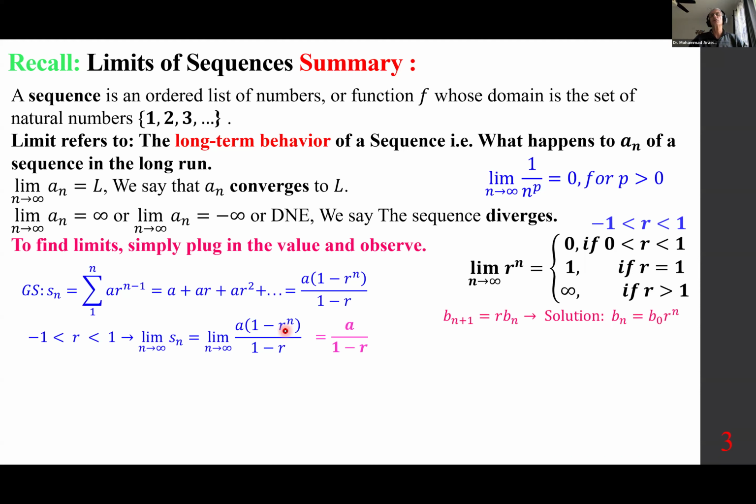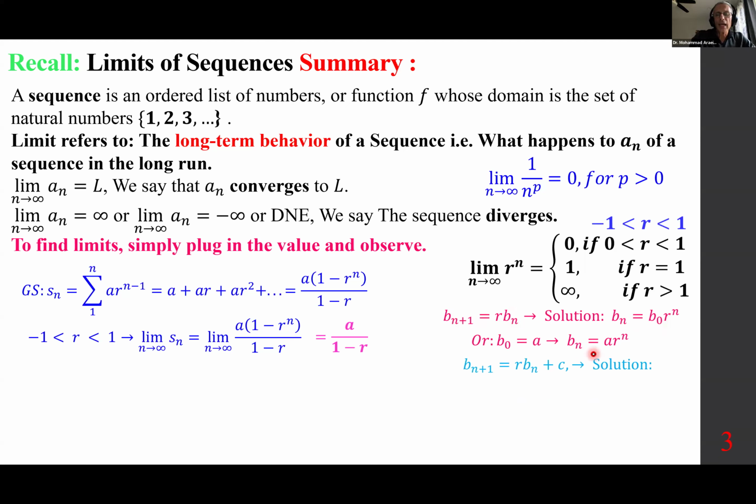So a geometric sequence has a solution b sub n plus 1 is r b sub n. Recursively, b sub n equals b sub 0 r to the power of n explicitly, where b sub 0 or a are the same, and sometimes we use b sub 0, sometimes a.